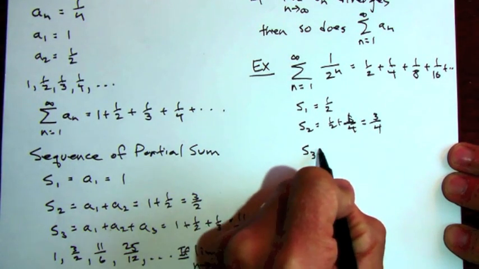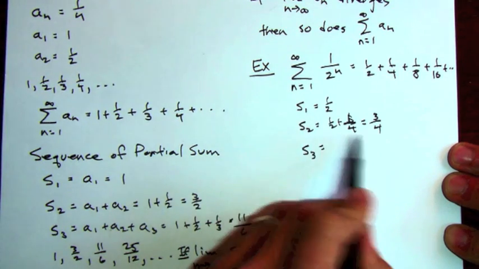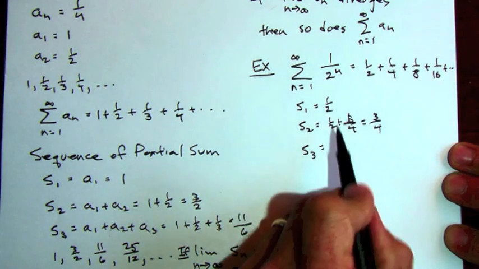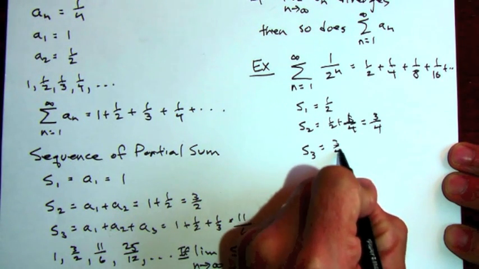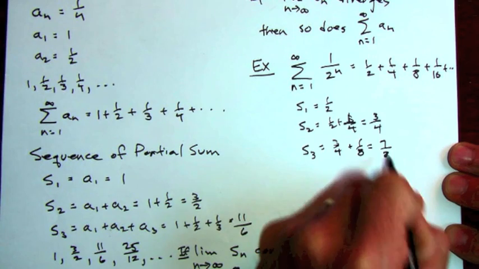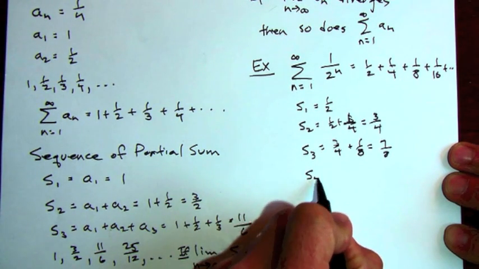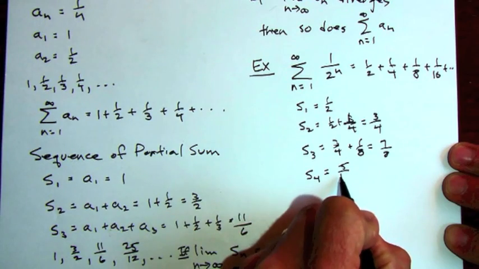S3, that's going to be S2 plus the third term, right? Because it's 1/2 plus 1/4 plus 1/8, or 3/4 plus 1/8. That's 7/8. If we were to add 1/16 to that, we would end up with 15/16.